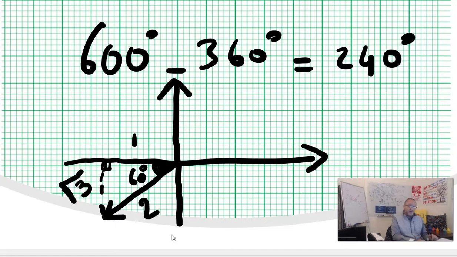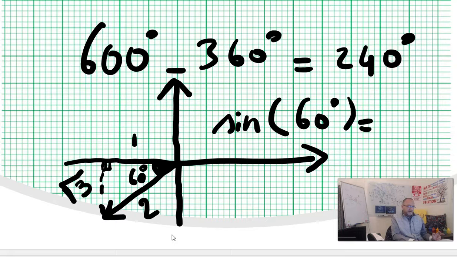So the sine is what? Sine of 60 in quadrant 3. Okay, sine of 60 equals opposite over hypotenuse, which is square root of 3 divided by 2.